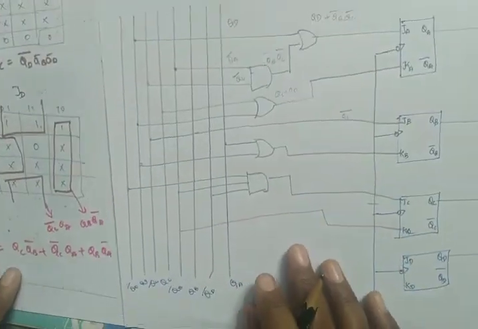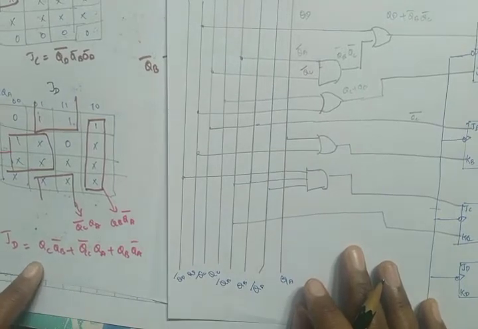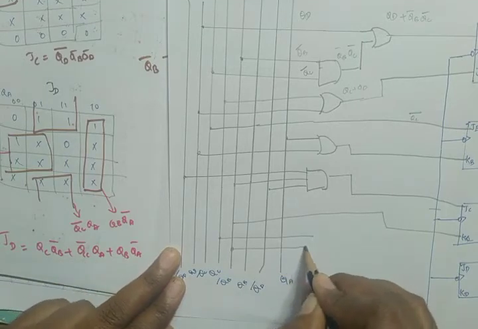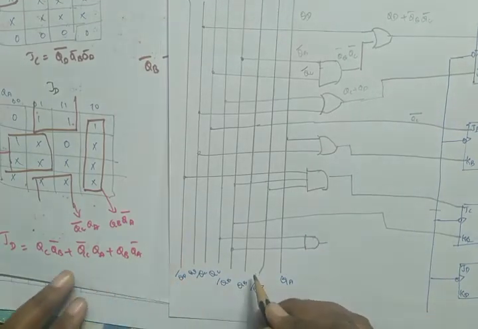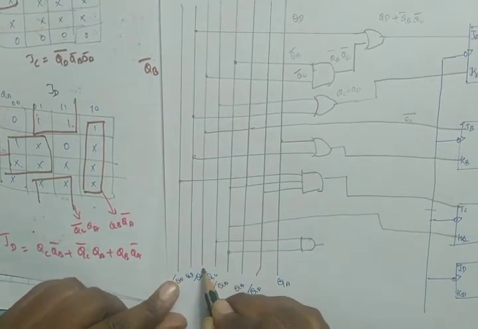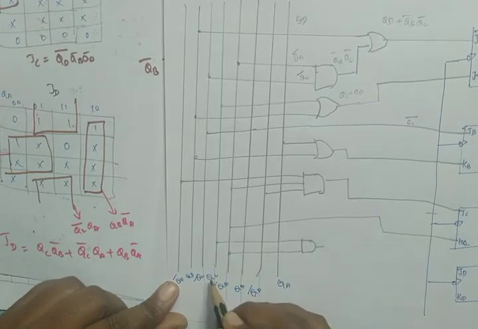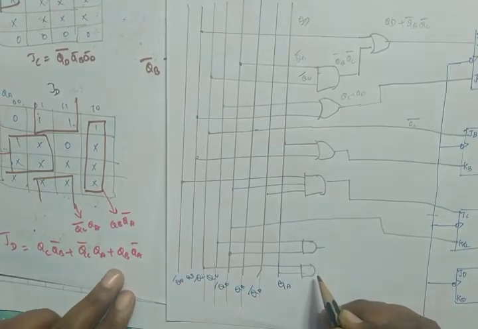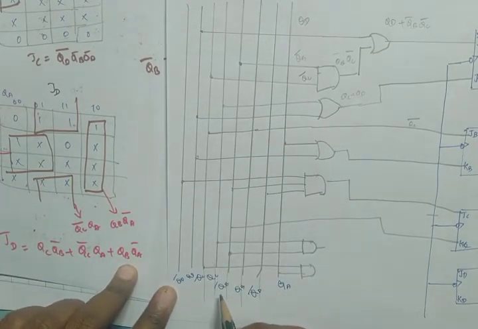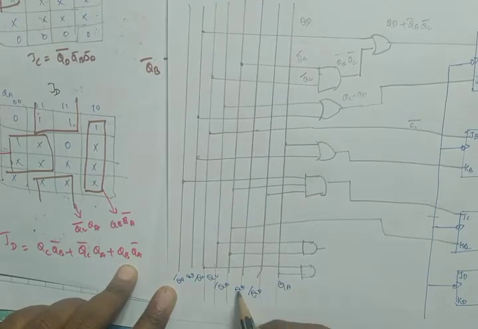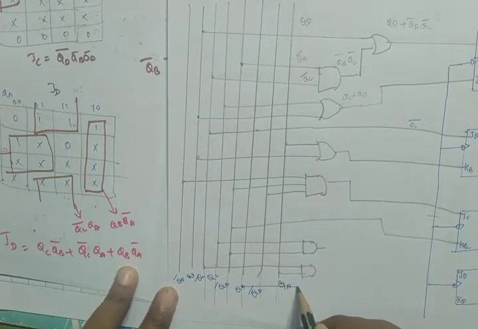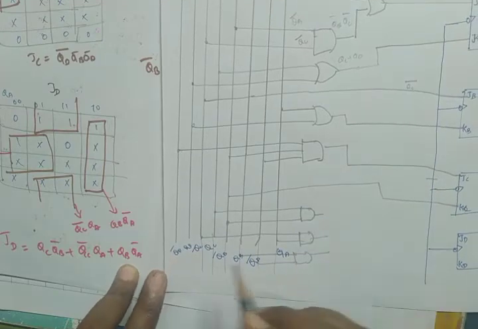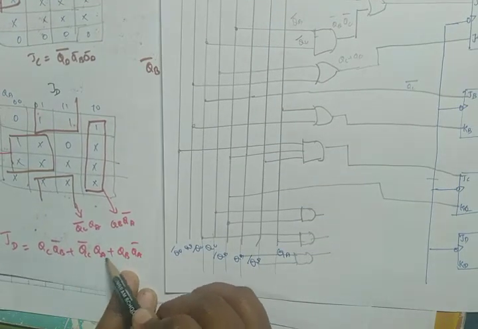JD has three terms: QC QB bar, then QC bar QA, and QB bar QA. These are in multiplication form, and every term is in addition form, because JD is QC QB bar plus QC bar QA plus QB bar QA.